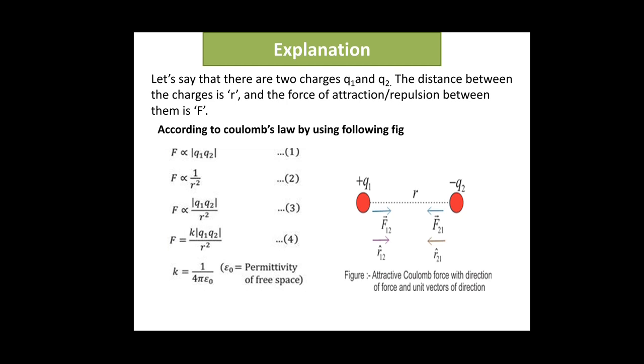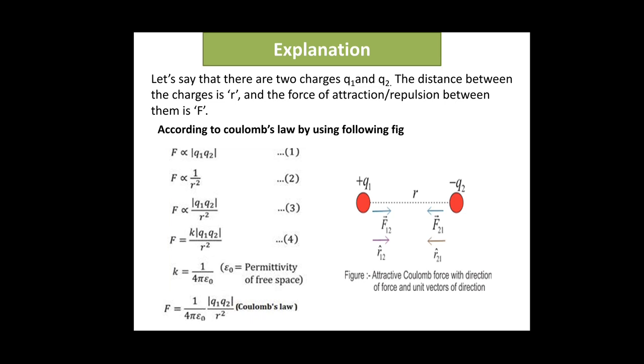It is not a universal constant because it depends on the medium. Therefore, k is equal to 1 upon 4 pi epsilon naught. Epsilon naught is the permittivity of free space or air. Therefore, we get the equation of Coulomb's law, that is F is equal to 1 upon 4 pi epsilon naught mod of Q1 Q2 upon r square.